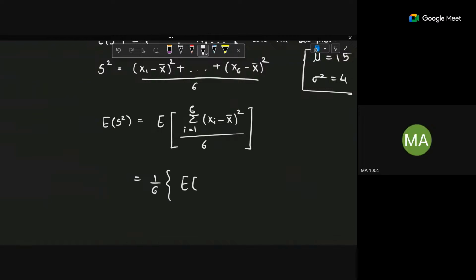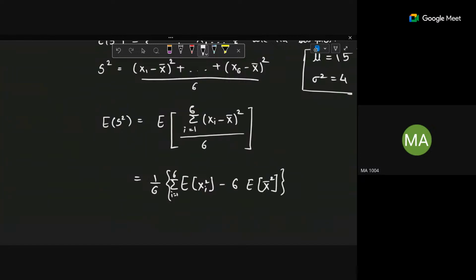Yes, ma'am. Summation i equal to 1 to 6 of xi square minus 6 times expectation of x bar square.